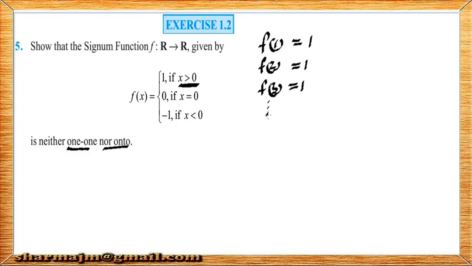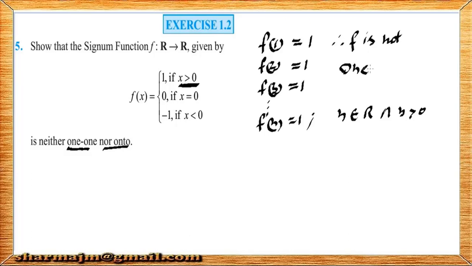So therefore f of n is equal to 1 for all n belongs to R such that n is greater than 0. So for all positive values of x, we have f of x as 1. So this function is many to 1. Okay, so you can say f is not a 1-to-1 function.